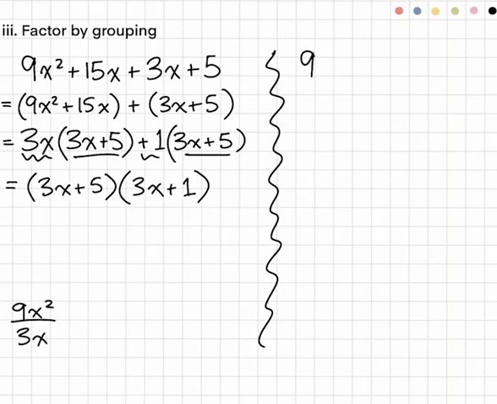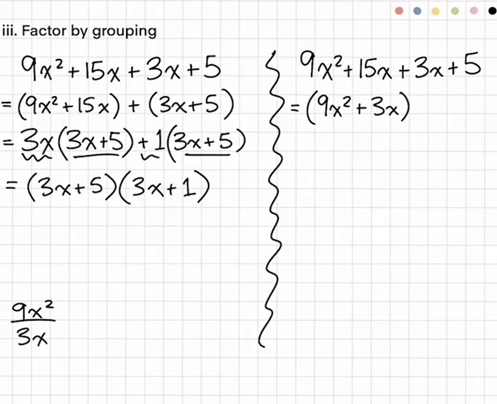But what if we wanted to factor this by grouping in a different way? Which might have been what you noticed initially. Which terms can I group together that seem to be a little more friendly? Well, I can group together 9x squared and 3x, and I can also group together 15x and 5, because in my mind I'm already seeing some common factors.